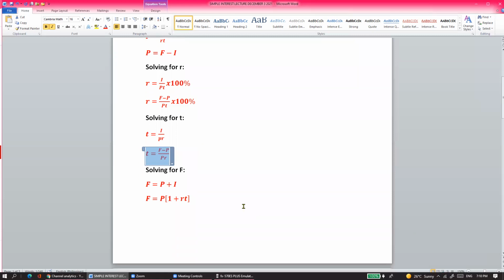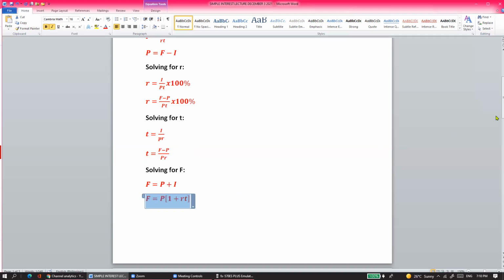Then not only that, we also have the formula for the full amount, F. F is equal to P plus I, or another formula, direct calculation ng F is equal to P times 1 plus RT. Ginagamit ang formula na yan kung hindi naman tinatanong ang I. Kumbaga, pwede ka nang dumiretso sa formula na yan para directly mahanap na yung value ng future amount or final amount o tinatawag din nating full amount.